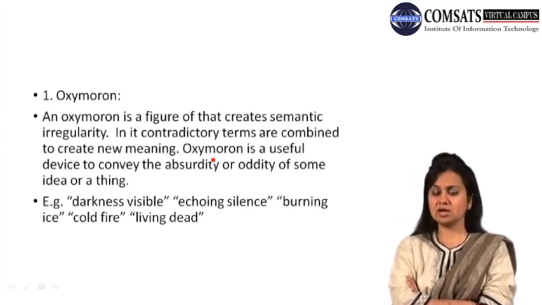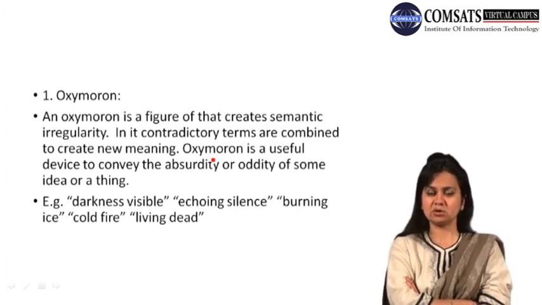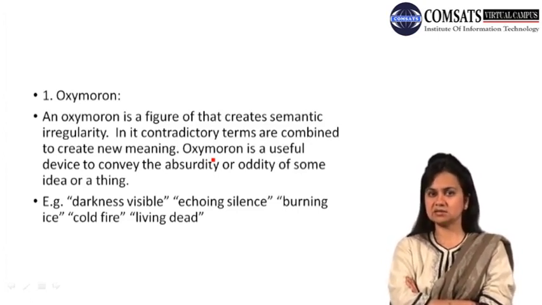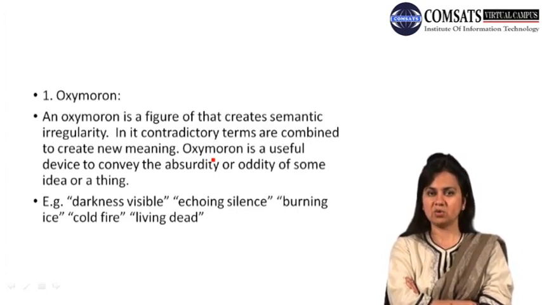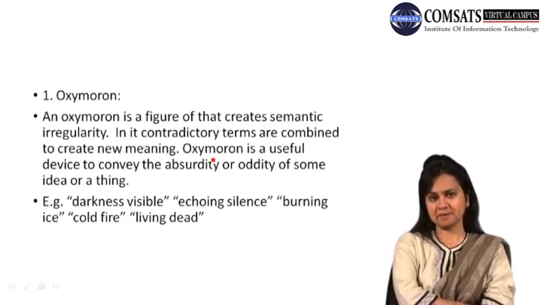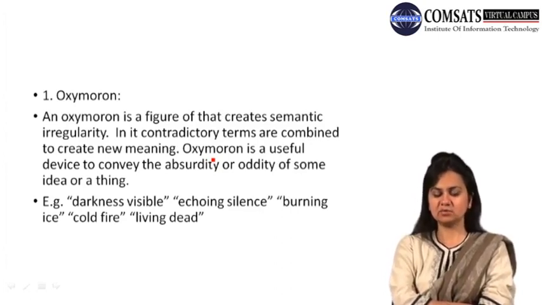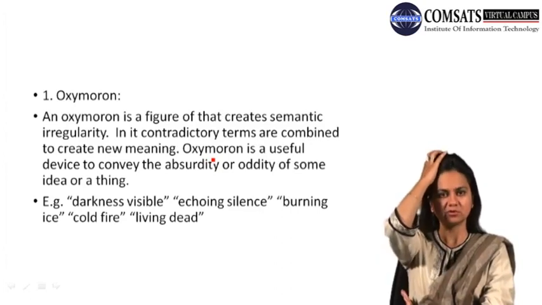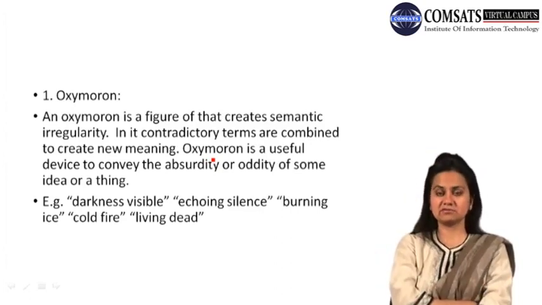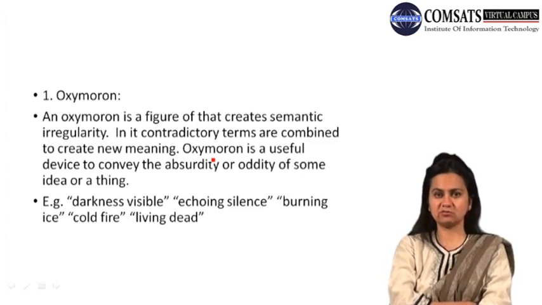Then the phrase echoing silence is again an oxymoron, because silence is the opposite of echo. If something echoes, it cannot be silent. Then burning ice. Ice is usually what is frozen, but it is referred to as burning. Then cold fire, fire which has lost its warmth or its flame.